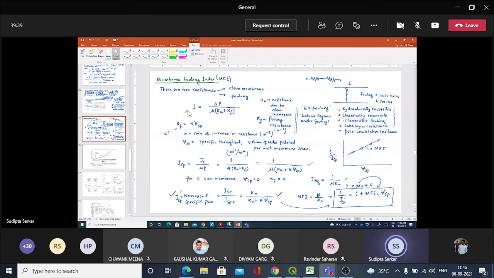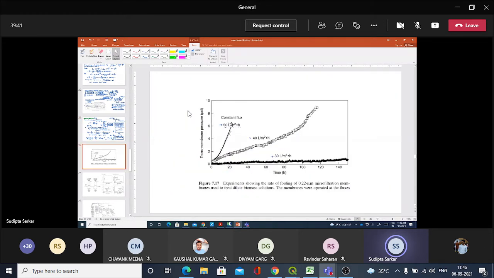If we run at a very high flux, within a small time we choke our membrane very quickly, the transmembrane pressure rises very quickly to a certain point where we need to stop the membrane and backwash.